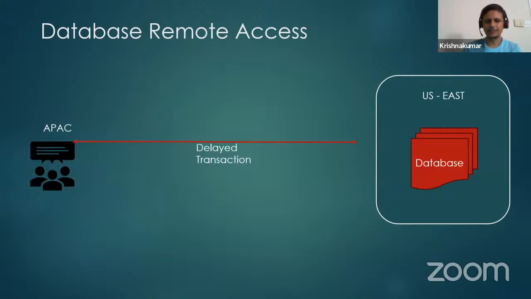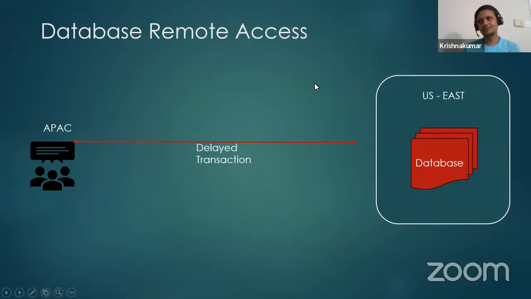The data has to travel from the US to APAC, which may create a delay because of the distance. So do we have any other mechanism to boost the performance? I want consistent, higher performance though the database is located in a different location. How can I achieve that? That's where TrueCache comes in.